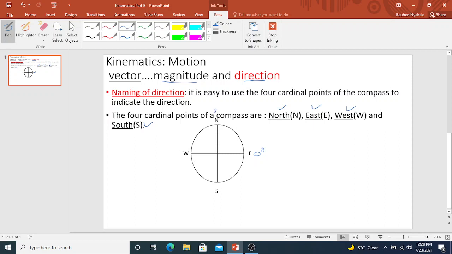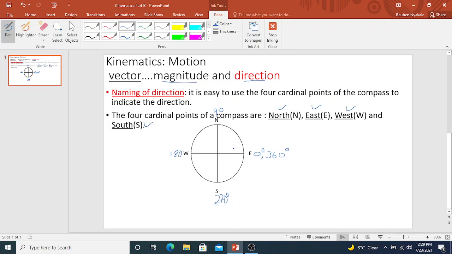Then north is at 90 degrees. West is at 180 degrees. South is at 270 degrees. Then the cycle is completed: east is at 360 degrees.